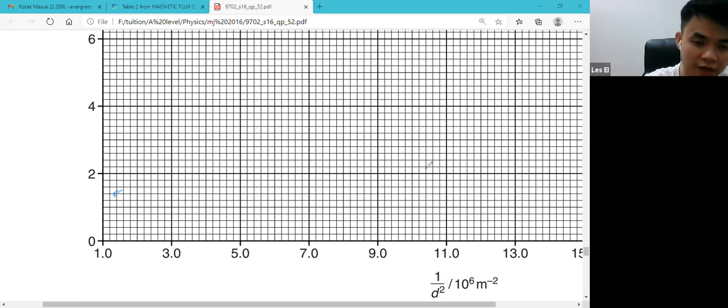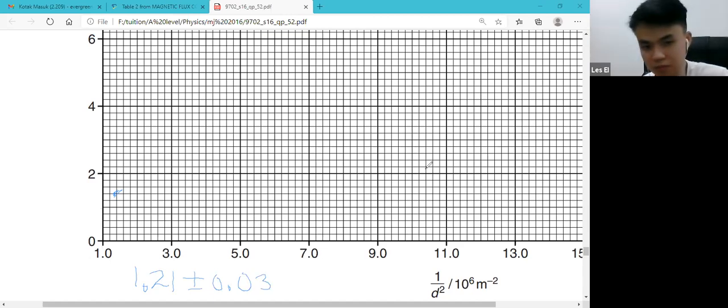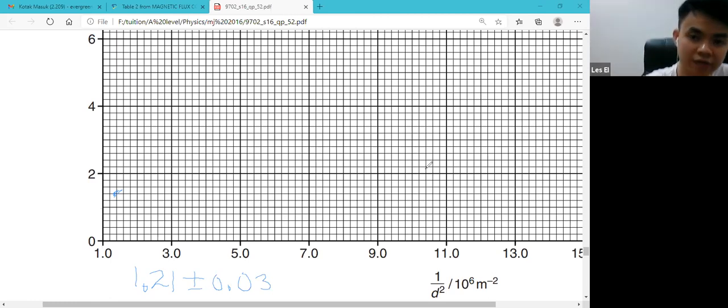But just now, if I'm not mistaken, we have 1.21 plus minus 0.03. So I told you this will be the error bar, right? Your sketch will be something with a span like this.